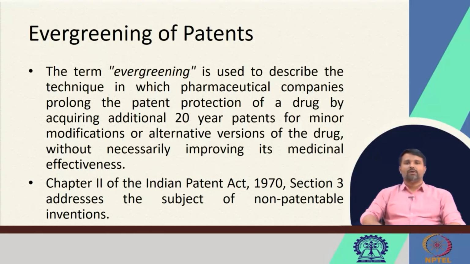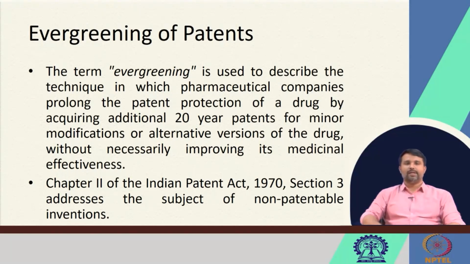So, in order to be eligible for grant of a patent, the pharmaceutical drug which is developed should have novelty, inventive step and industrial application, and it should not be an invention which is not patentable as provided under section 3 of the Indian Patent Act 1970.